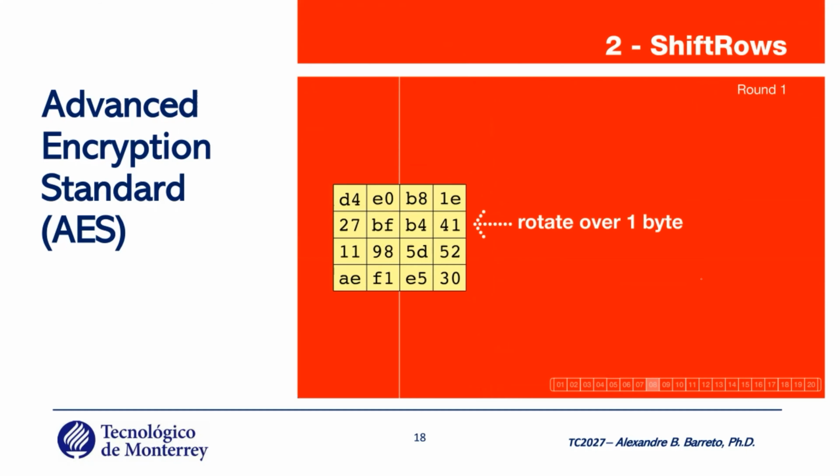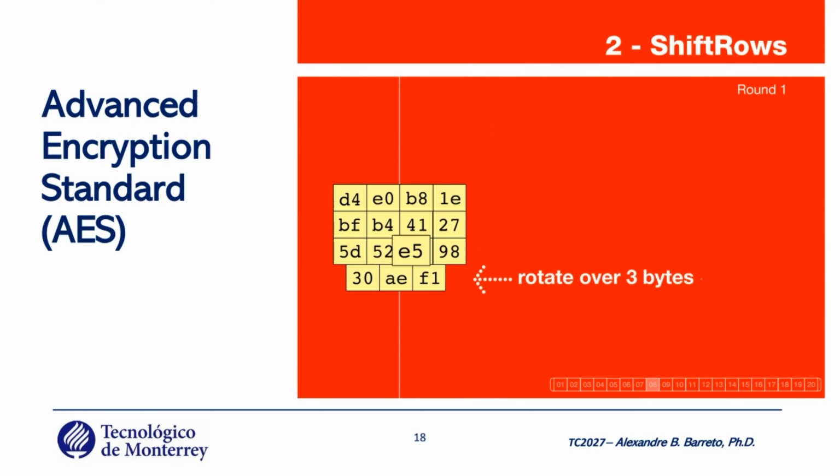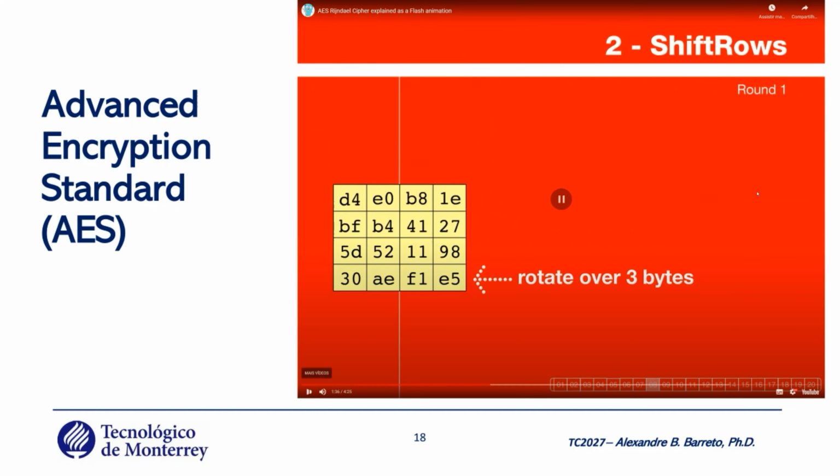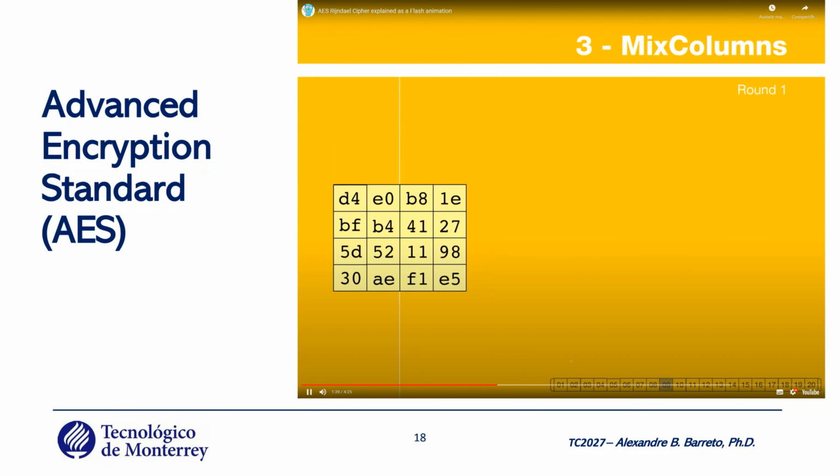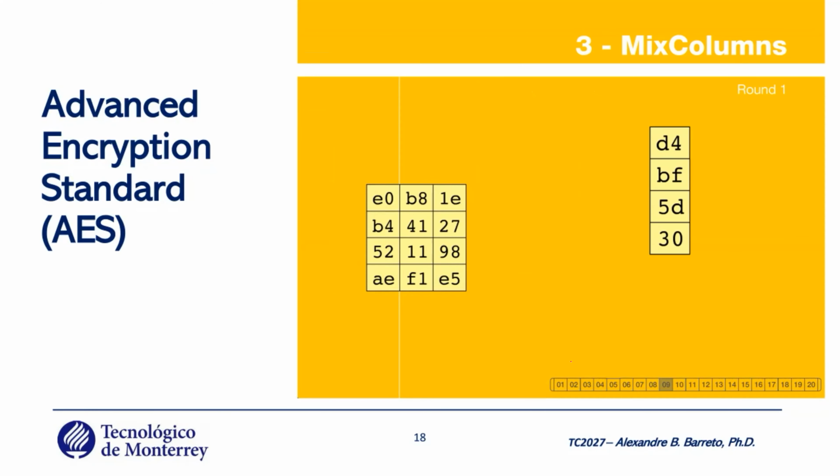Second operation, ShiftRows. You shift the rows by 0, 1, 2, and 3. And MixColumns.